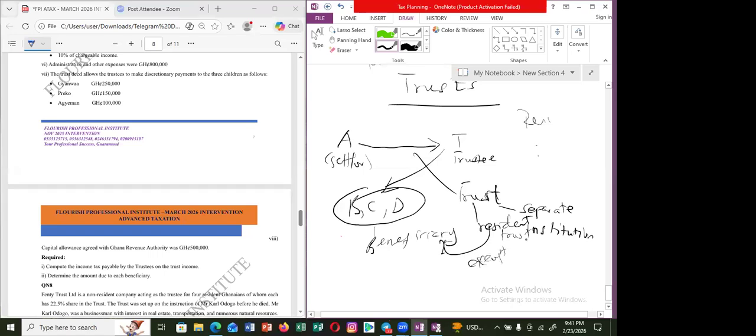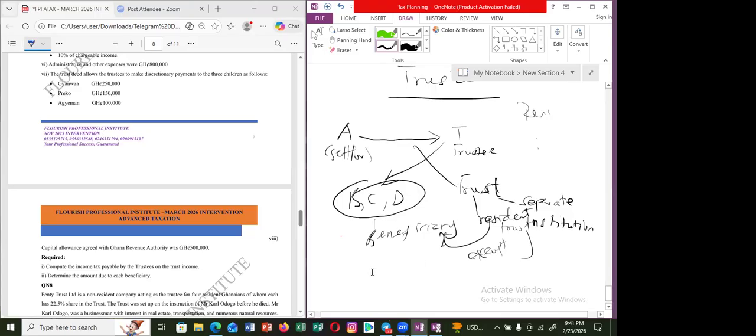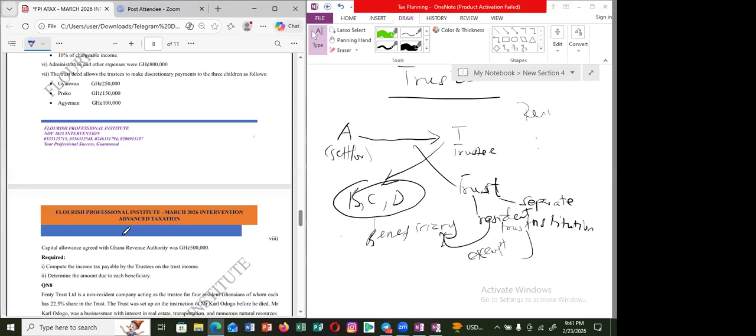Where the trust is a non-resident one, the distributions to the beneficiaries are included in the income of the beneficiaries and then taxed. So per the question, we have to compute the income tax payable of the trust.